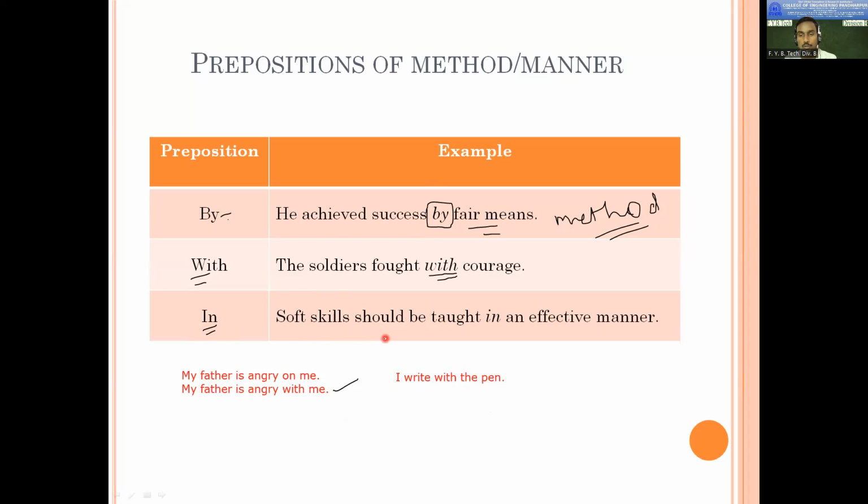Soft skills should be taught in an effective manner. Again, you'll come to know manner or method. So in, now here it is not referring to time or place, but here it is used to refer to method or manner. So how should soft skills be taught? In an effective manner. So in refers here to manner.